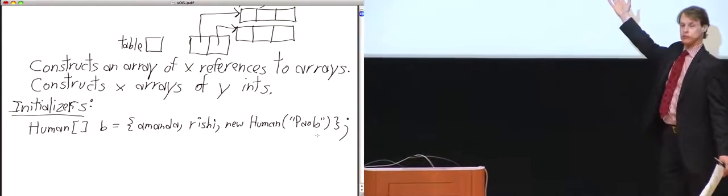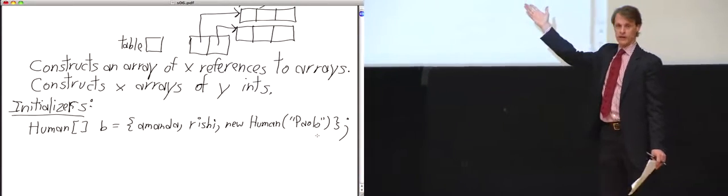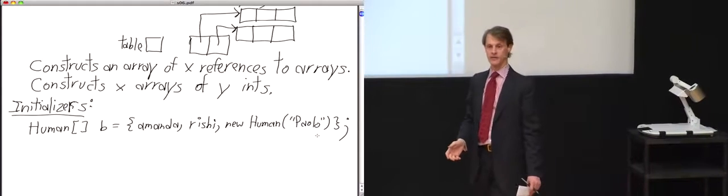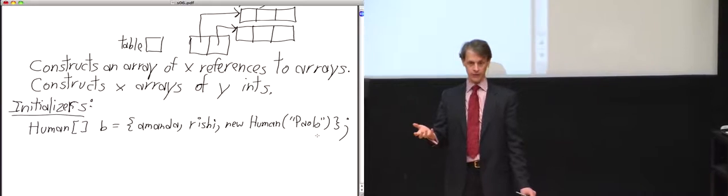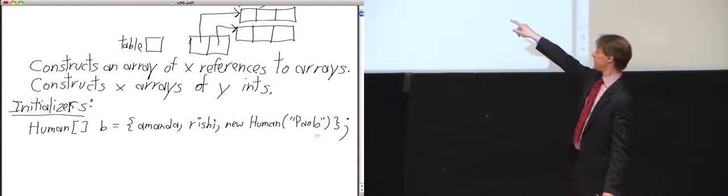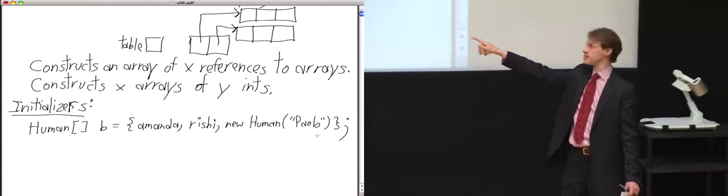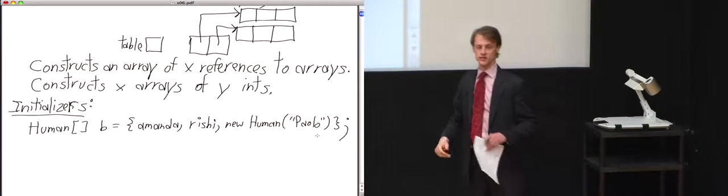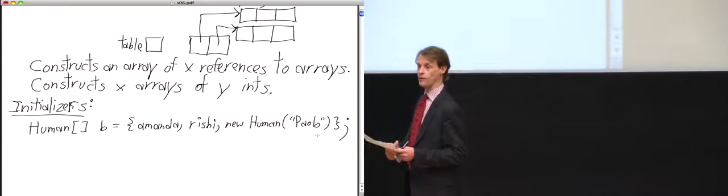So here I'm constructing an array on the spot. It's an array of humans, and since I stuck 3 things inside it, separated by commas, it's going to create an array of length 3 for me, and fill in those 3 human references with a reference to Amanda, a reference to Rishi, and a reference to this new human that I'm constructing right now.